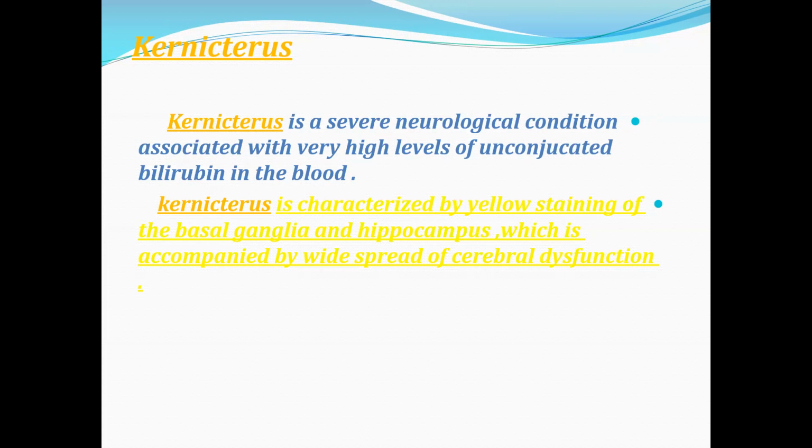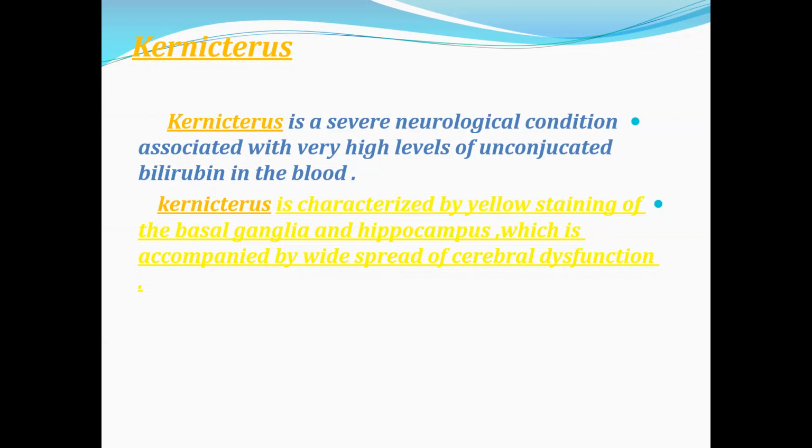So the most serious net result of an uncontrolled high level of bilirubin is kernicterus. Kernicterus, by definition, is a severe neurological condition associated with a very high level of unconjugated bilirubin in the blood.